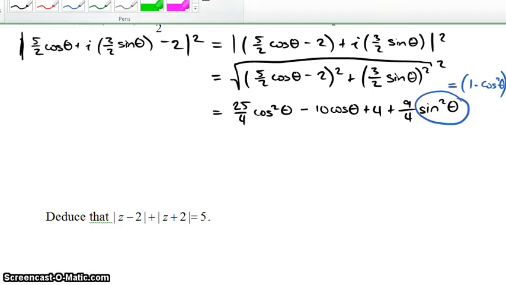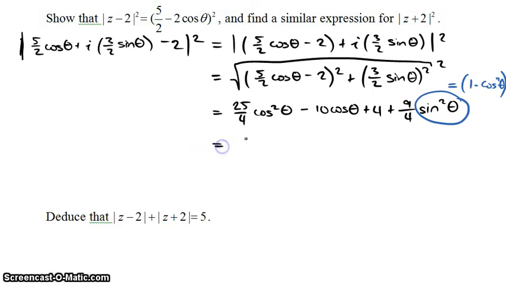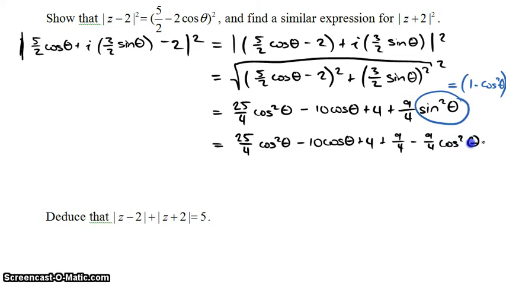Something a bit more helpful, I hope. I would get 25/4 cos² θ − 10 cos θ + 4 + 9/4 − 9/4 cos² θ. Making the substitution and expanding it out.